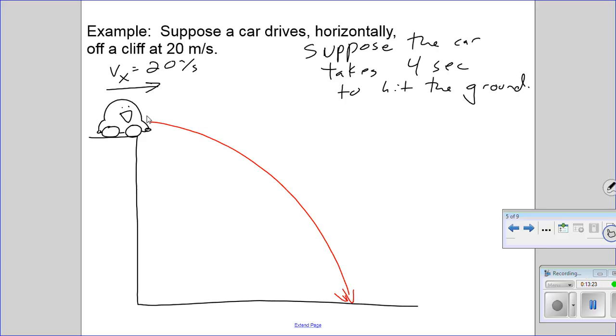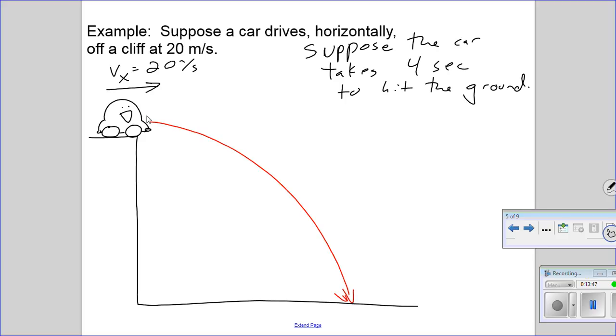Right? So what big rule number 2 is telling me is that the entire time my car is in the air, it's going to move horizontally 20 meters every second. So 20 meters, 20 meters, 20 meters, 20 meters. How far is it going to go in 4 seconds? 80 meters, right? So that means that this distance down here is 80 meters, right?